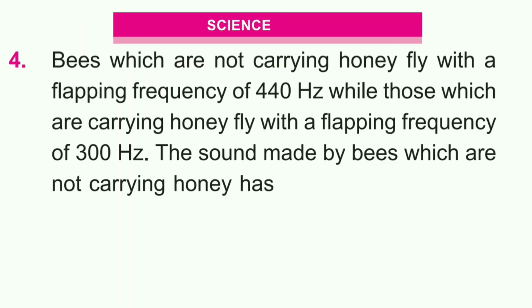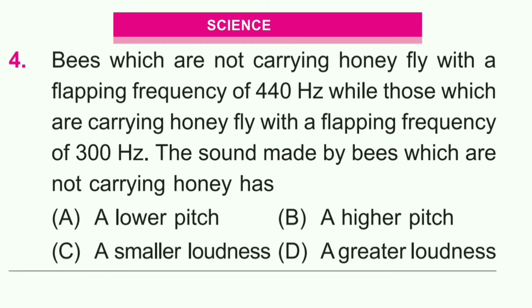Science. Question number 4. Bees which are not carrying honey fly with a flapping frequency of 440 Hz, while those which are carrying honey fly with a flapping frequency of 300 Hz. The sound made by bees which are not carrying honey has a dash. Options are a lower pitch, a higher pitch, a smaller loudness, a greater loudness.